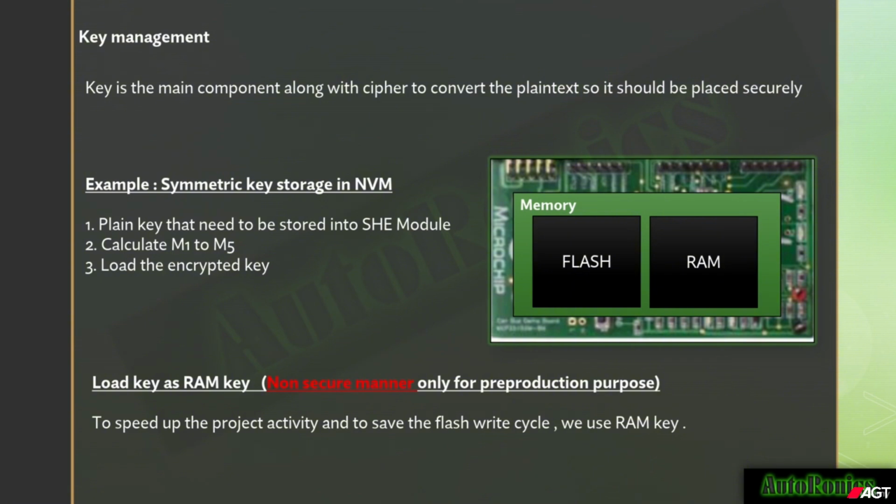Then it loads the key, which went through the MAC and encryption process of the key update protocol, into the secure area, as you can see in the image, which is the flash region, where the flash region is partitioned only for the NVM secured area.